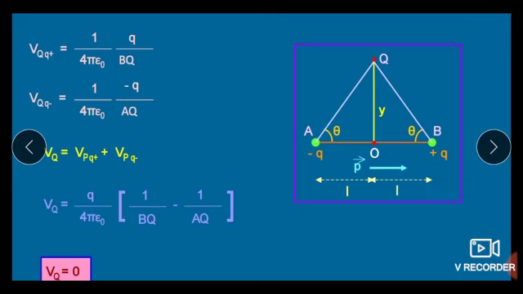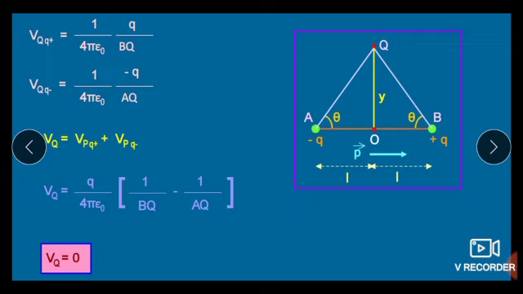Here the distances are the same, the magnitude remains the same, hence the net potential is 0. When we are adding these two, what is happening? This is 0. So now the logic we learned is simply understood, I think.